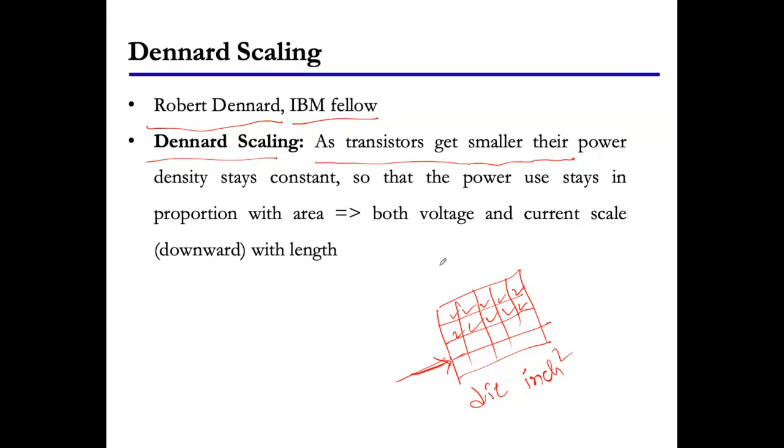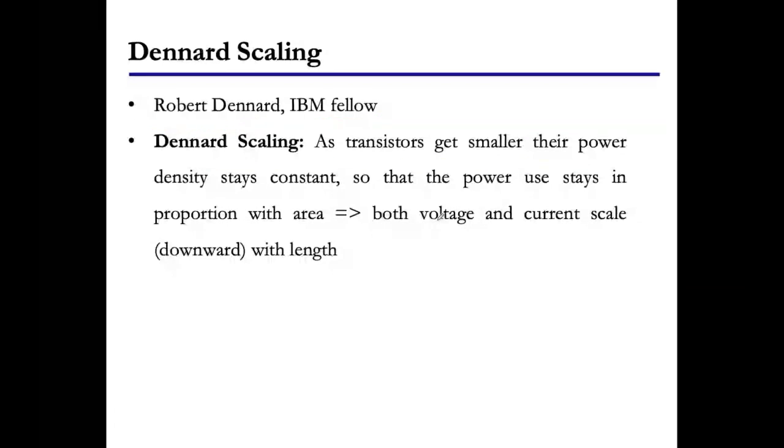So if you accommodate more transistors, then the transistor size will be reduced. As it says, as the transistors get smaller, their power density stays constant, so that power use stays in proportion with the area. That is in terms of both voltage and current scaling with the length.